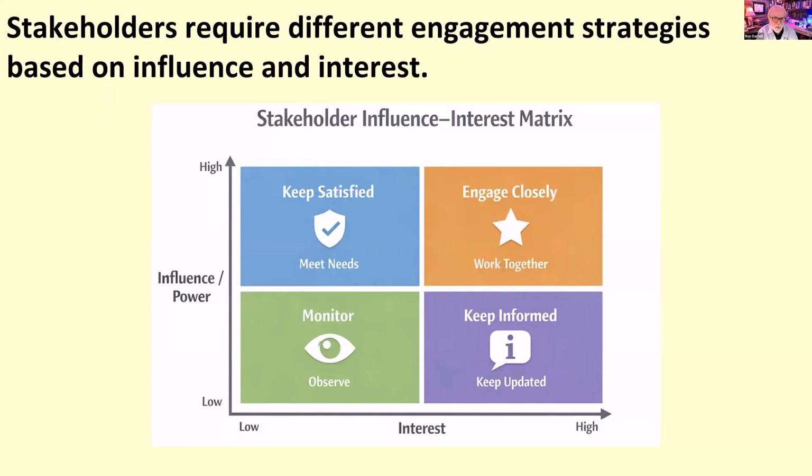One, over communicating with everyone, and two, ignoring people who later can become powerful influencers or even blockers of the project. So influence refers to a stakeholder's ability to affect decisions and outcomes, and interest refers to how much they care about a project's results. And engagement strategies should match those dimensions.